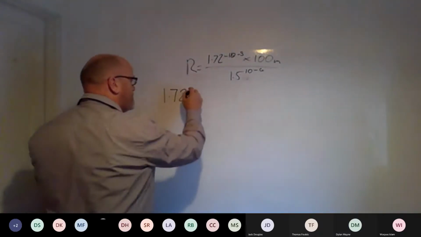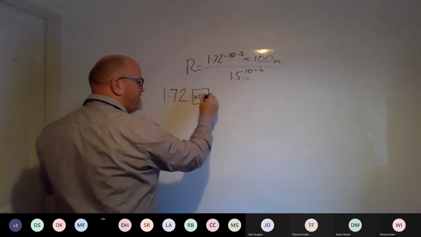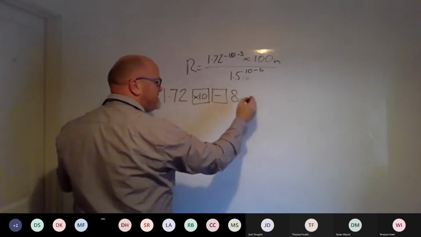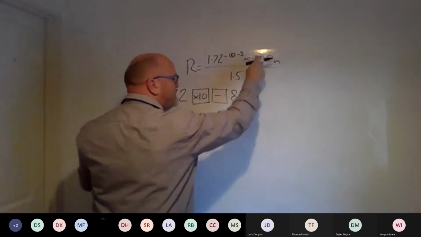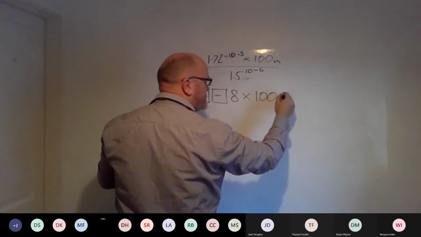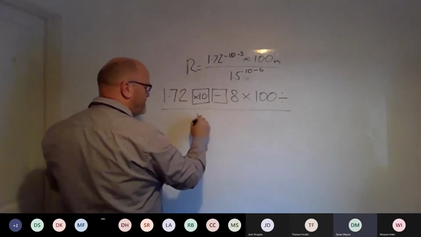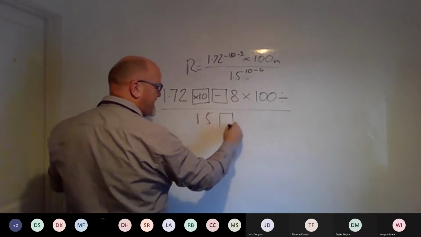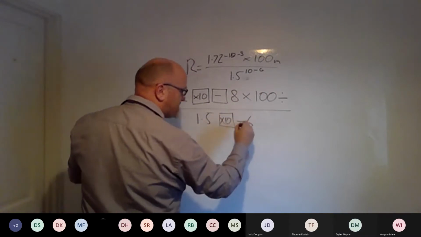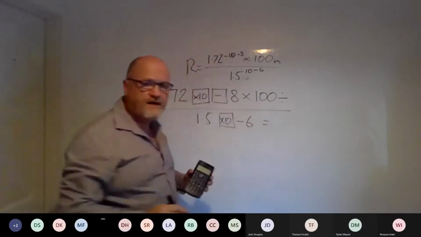Press that, or the EXP button, then press the minus button, then 8, press times, and then put 100, then press divide, and I'll put it underneath now. 1.5, press the X10 button again, minus 6 this time, and then press equals and you'll get a number.